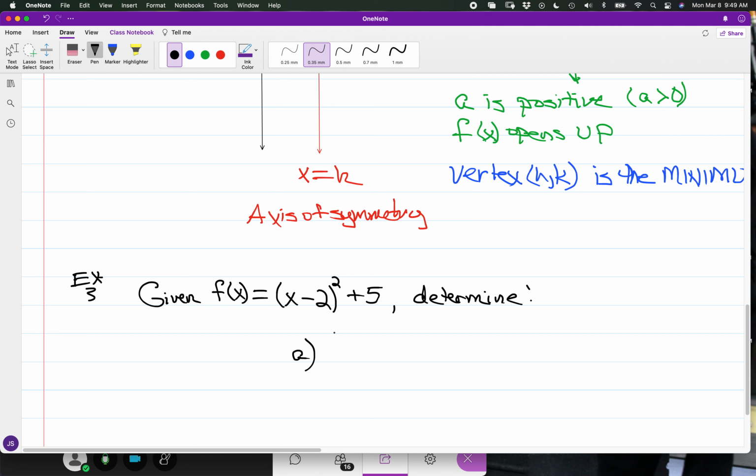First of all, the direction that the graph of the function is going to open.